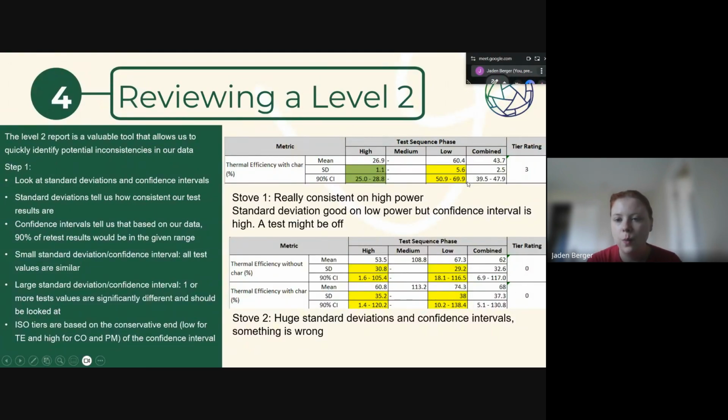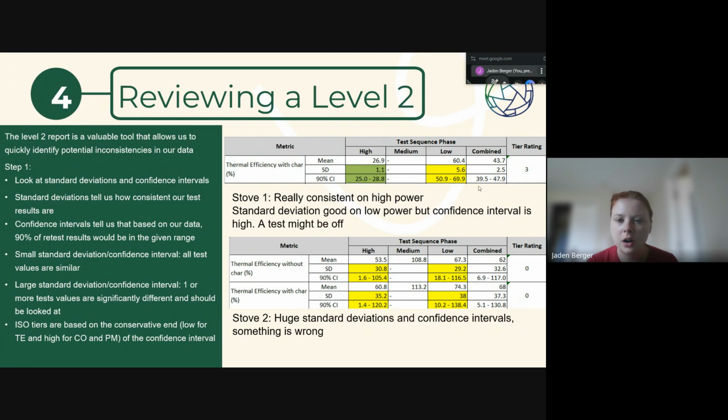In the stove one, I'm going to go back to this yellow box now. This one's a little tricky, and I actually missed it on my first pass of getting this example data. But you can see that our standard deviation is actually not that bad. 5.6 is not too bad for thermal efficiency.